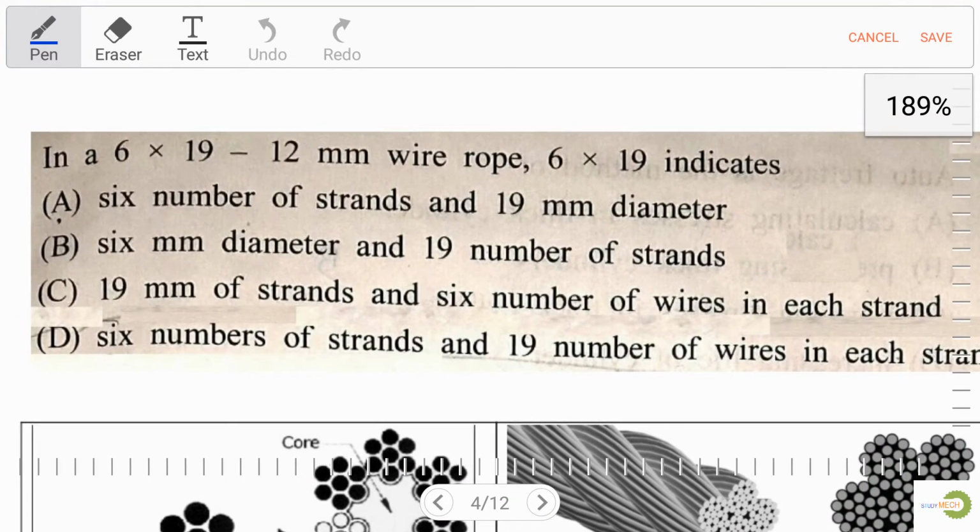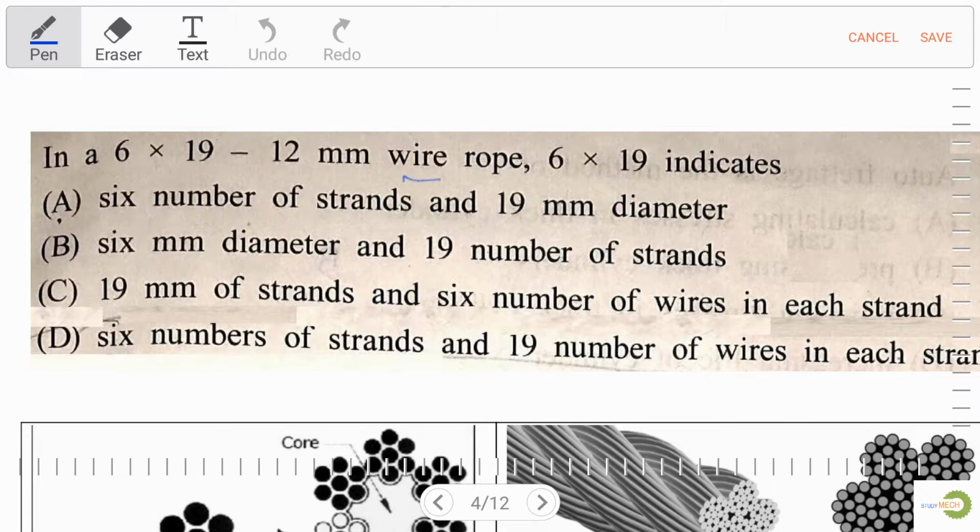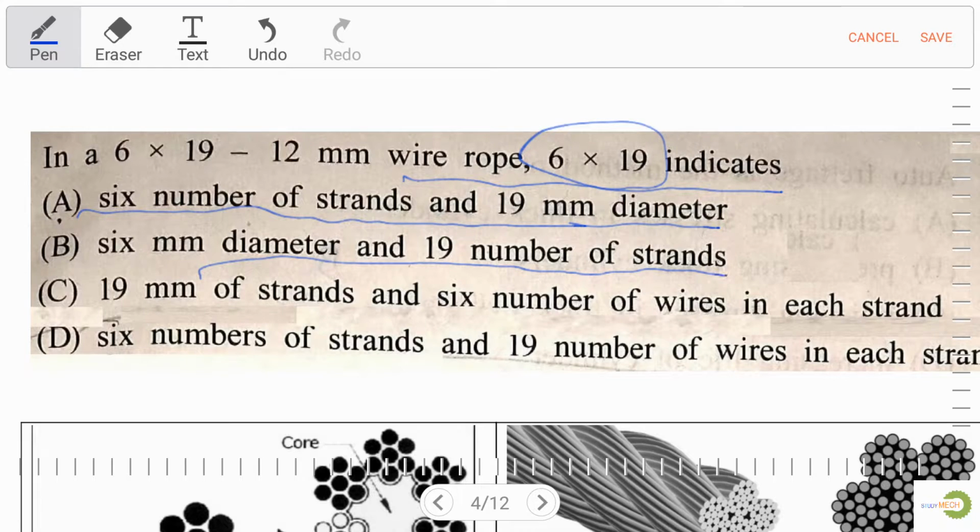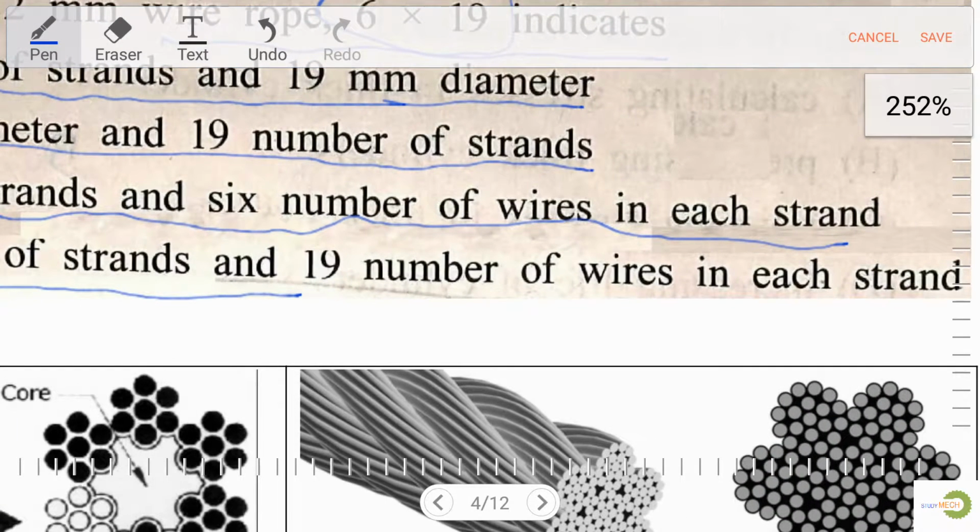Our next question is, in a 6 cross 19, 12 mm wire rope, 6 cross 19 indicates, well, our options are: A, 6 number of strands and 19 mm diameter; option B, 6 mm diameter and 19 number of strands; option C, 19 mm of strands and 6 number of wires in each strand; option D, 6 number of strands and 19 number of wires in each strand.